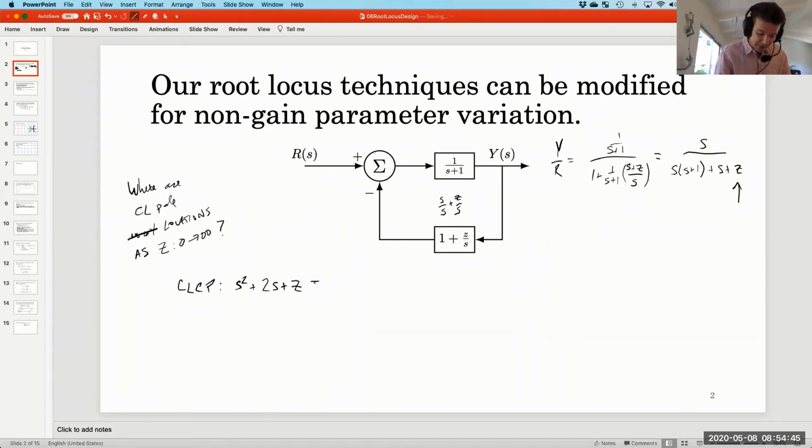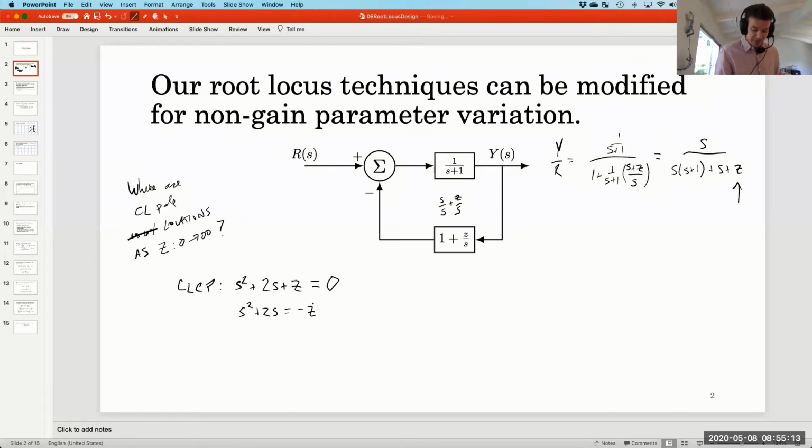And if s is going to be a closed loop pole, that has to be 0. So what I'm going to do is massage this. I'm going to manipulate this expression until it looks familiar enough to use our old root locus techniques. So if I move the z over, s squared plus 2s equals negative z.